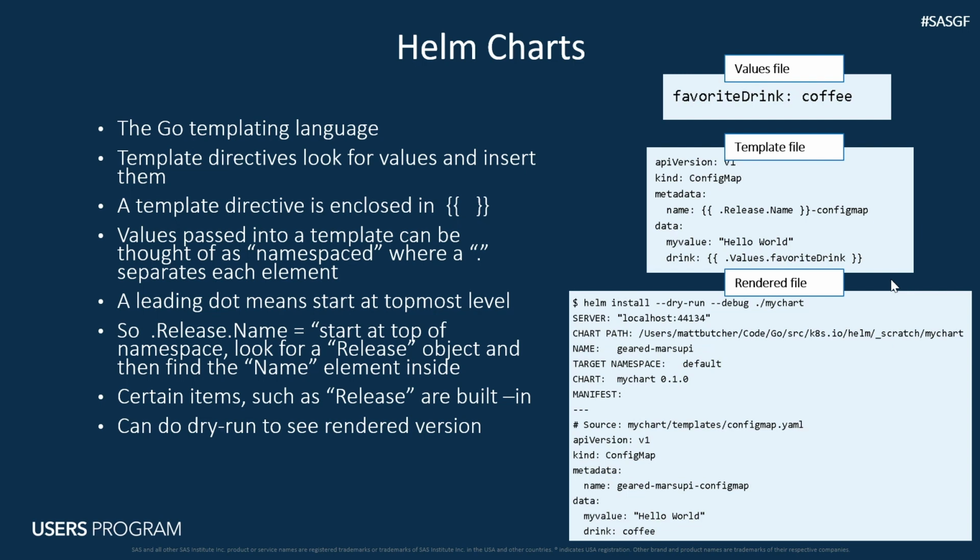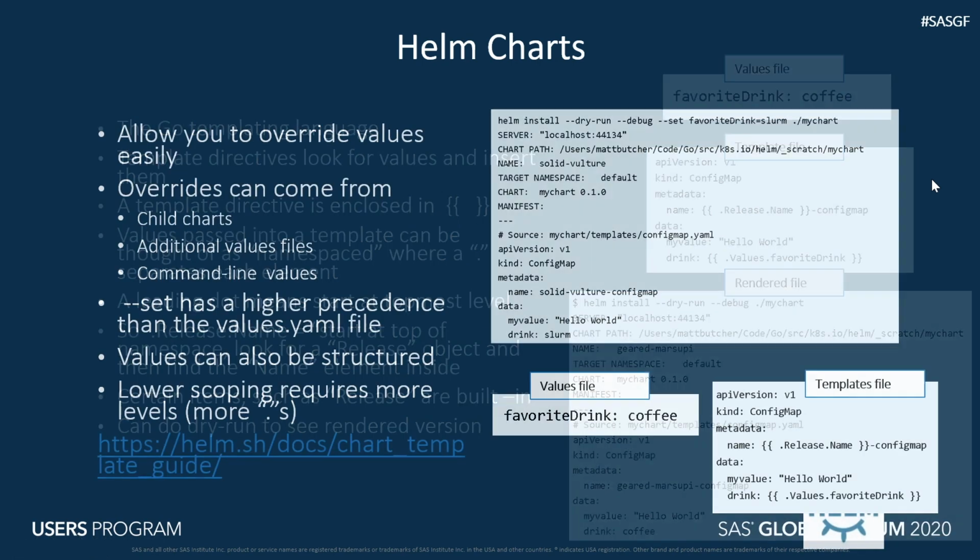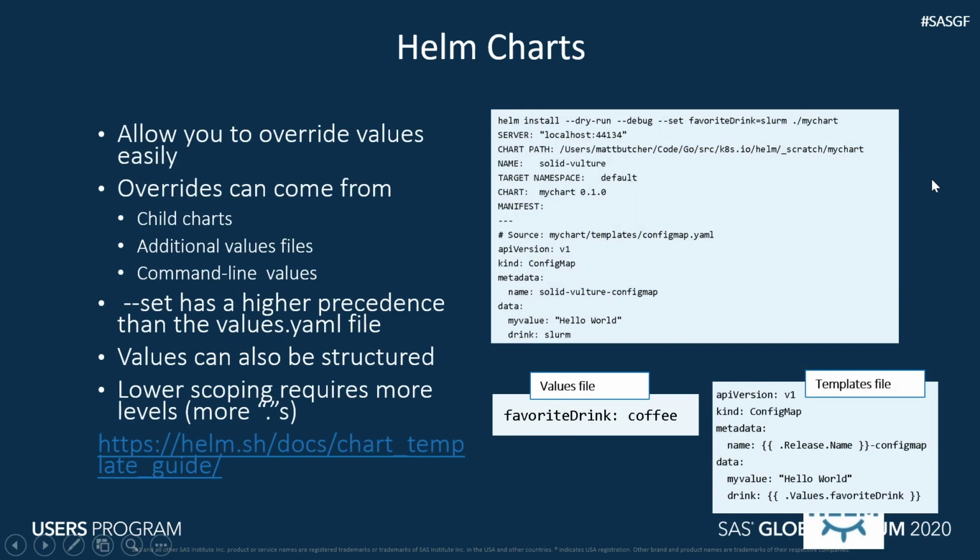So the leading dots and the dots in between indicate a hierarchy as well. Again, certain items are built in. You can do dry runs to see rendered versions of the templates, what they look like with values plugged into them. So with Helm charts, one of the key things they provide is being able to override values easily.